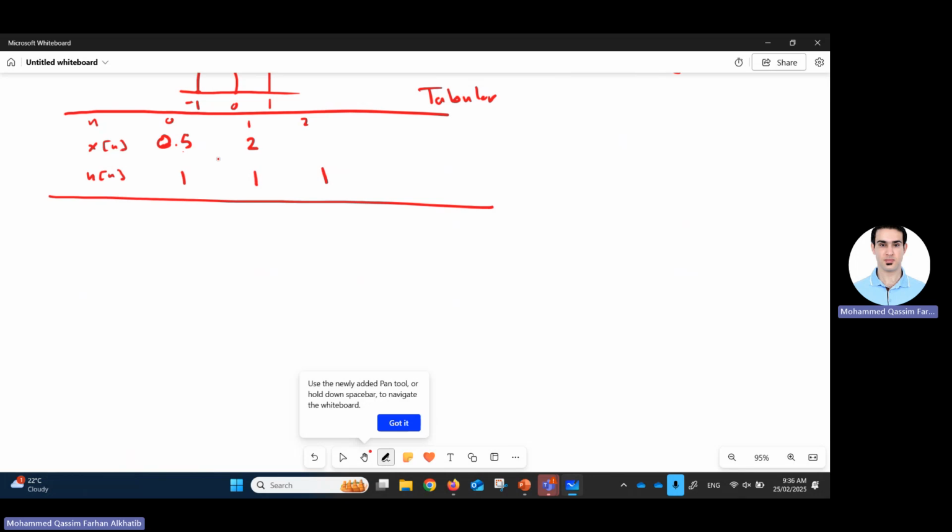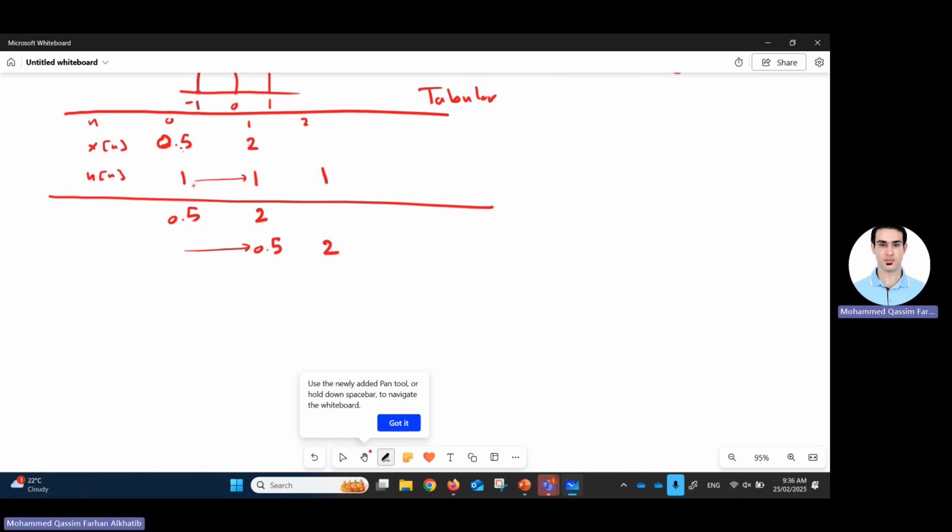We do not add them, actually. We multiply 0.5, 2 times 1, it's 2. You do not add. So that is the first thing you do. Now, second. Now, notice here, at h, I'm going to jump 1 step. Same thing here, jump 1 step. Now, you do multiplication again. 0.5 times 1, that's 0.5. 2 times 1, 2.